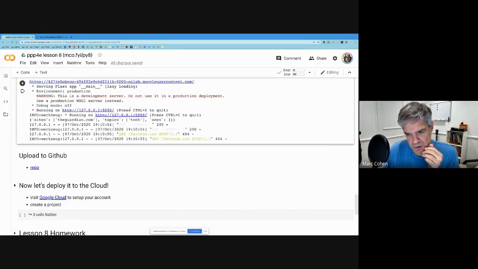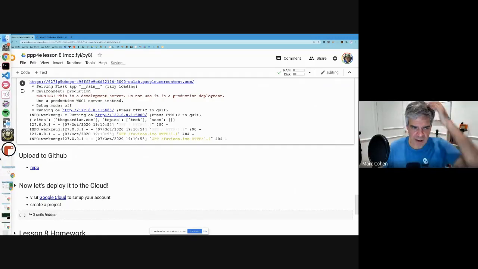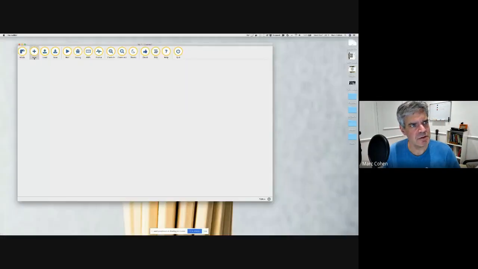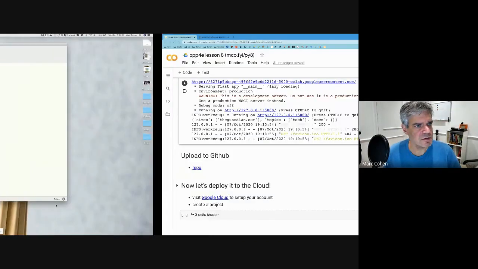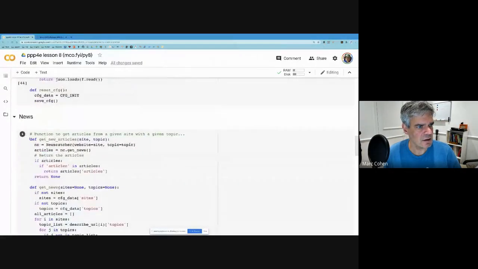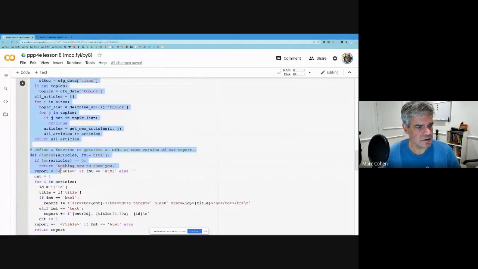Now what you could do is deploy that yourself outside the notebook. I'll just show you quickly how I would do that. I would go into this Mu editor and say new file. Let's take the news functions, for example.